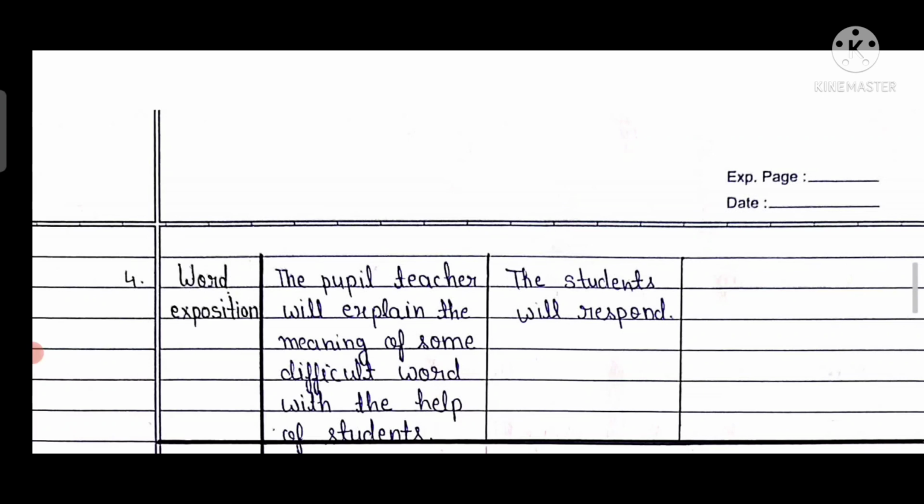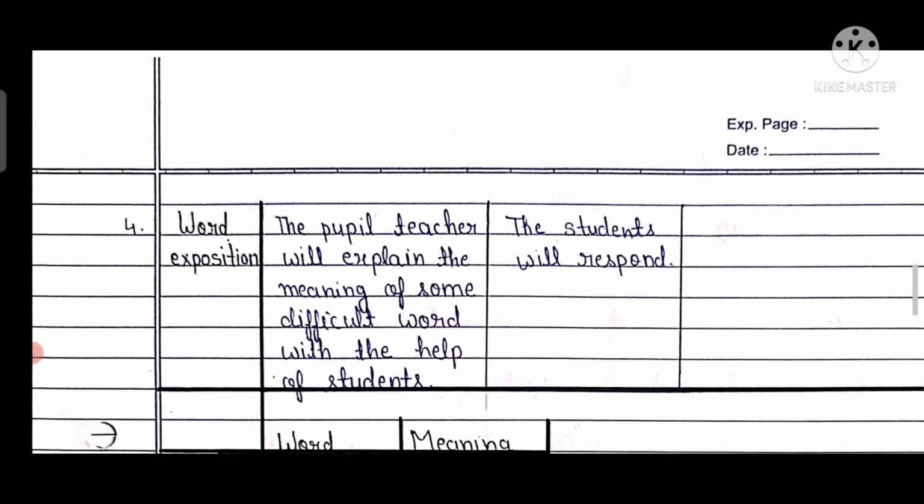The pupil-teacher will explain the meaning of some difficult words with the help of students. Here you will choose word meanings or make sentences or antonyms, synonyms as you wish. And student activity, the students will respond.